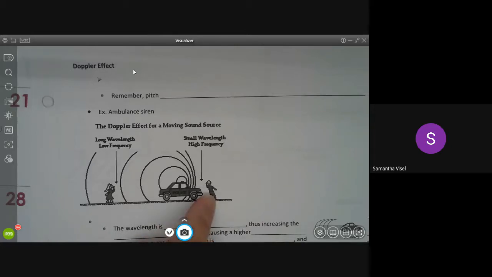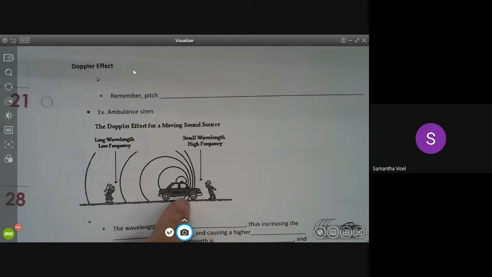If an observer has a sound source moving towards it, that sound is going to sound higher frequency than what it actually is because of the motion of the sound source.